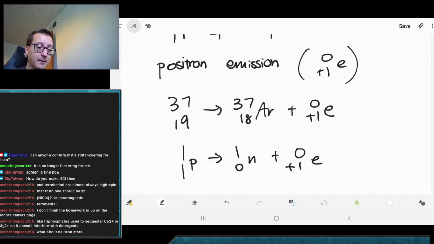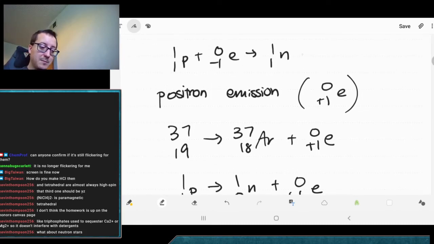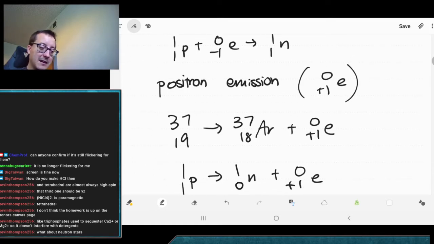So again, these two are the same process, but an electron and a positron are obviously different things. So you can't say that a proton is made of a neutron and a positron either. Doesn't work that way. A neutron is not made of a proton and an electron. A proton is not made of a neutron and a positron. Neither of those scenarios, even though chemically that's what we're saying here. So just keep that in mind.